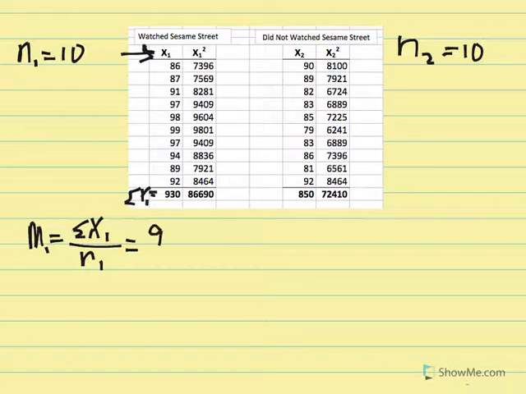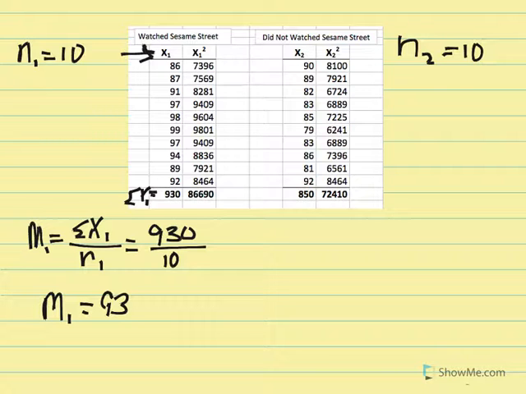So that's equal to 930. And we know that a sample size is equal to 10. So the sample average for our first group would be 930 divided by 10, and we get an average score of 93.